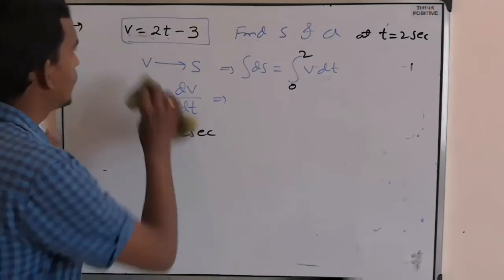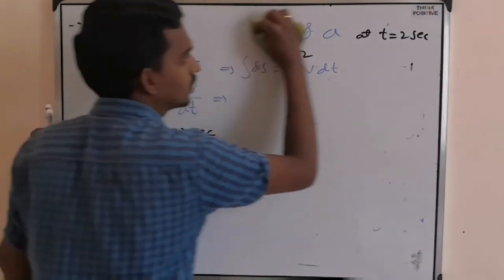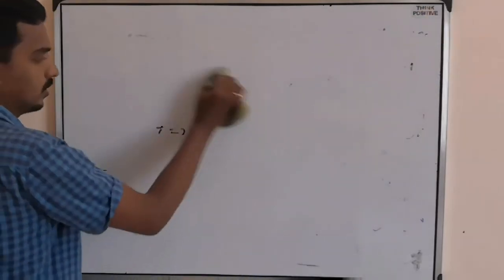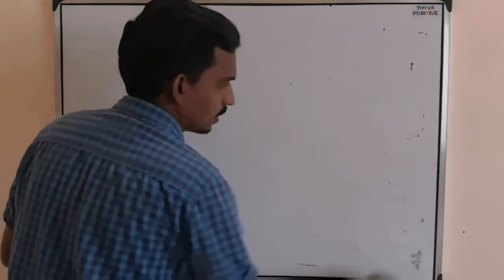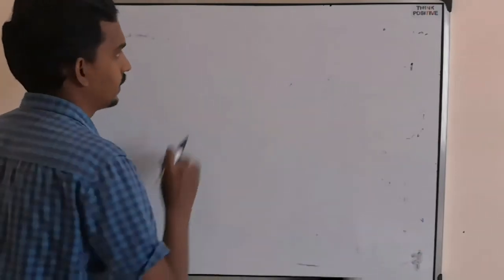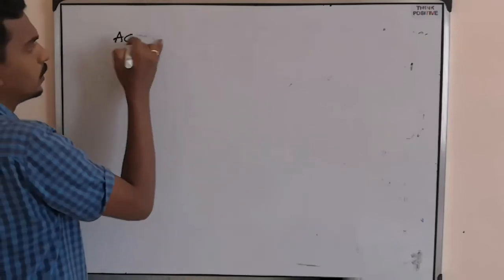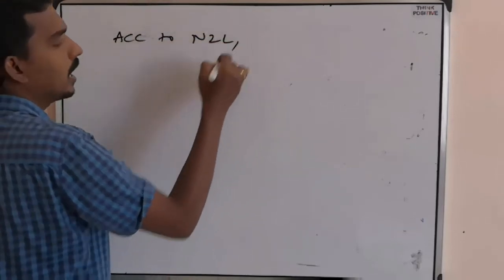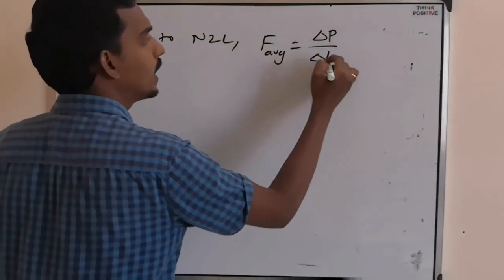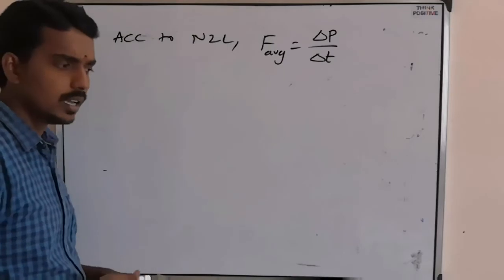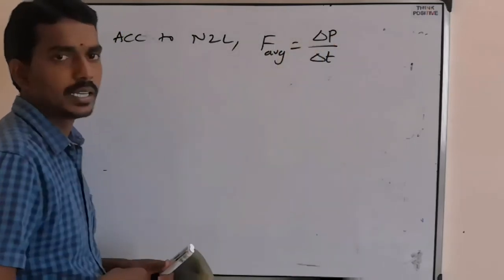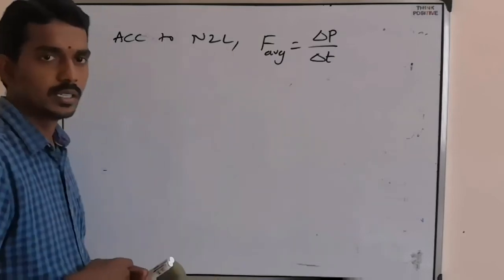But also in physics, somewhere we get relations. I will tell you a few examples. Like in the Newton's laws of motion chapter you have studied, according to Newton's second law, the average force equals delta P by delta T, or you will say that rate of change in linear momentum is nothing but force.